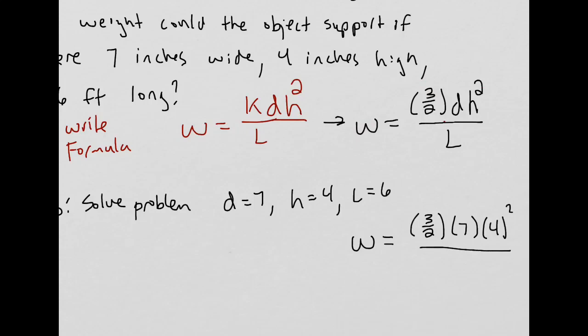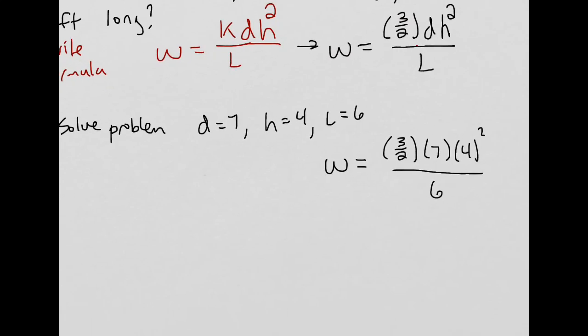And then on the bottom, my L value is 6. So if I multiply this all out, if you take a calculator and multiply all this out or do it by hand, I think you end up with W equals 28 at the end, and the units there were tons. So that is my final answer.